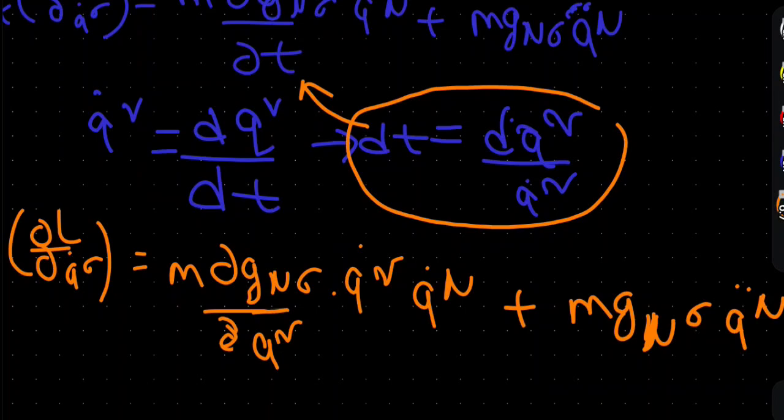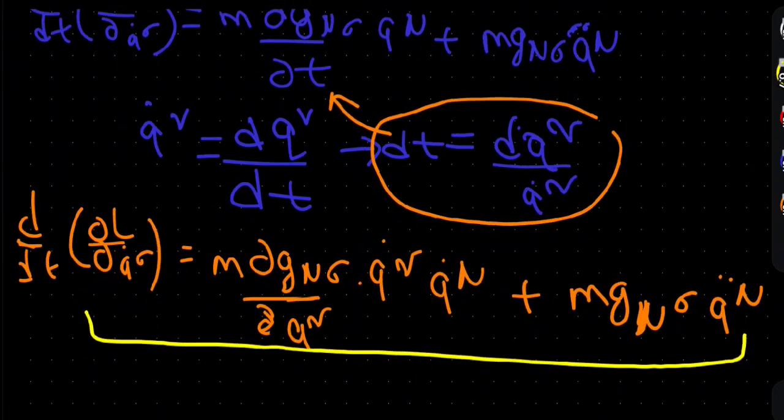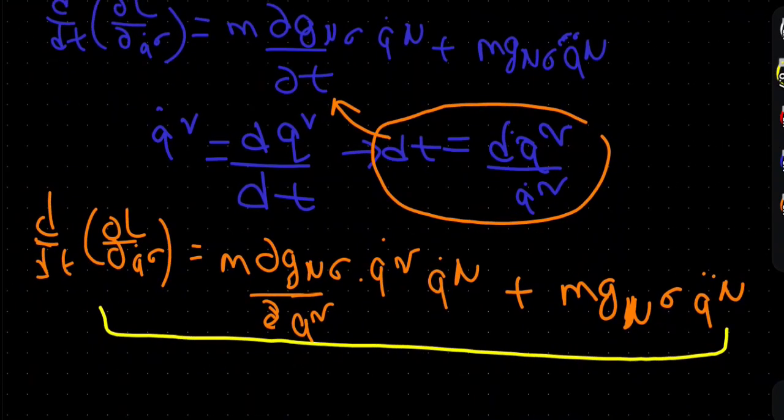So this is what we got, and this is very, very important. This is the time derivative of the Lagrangian differentiated with q dot sigma.